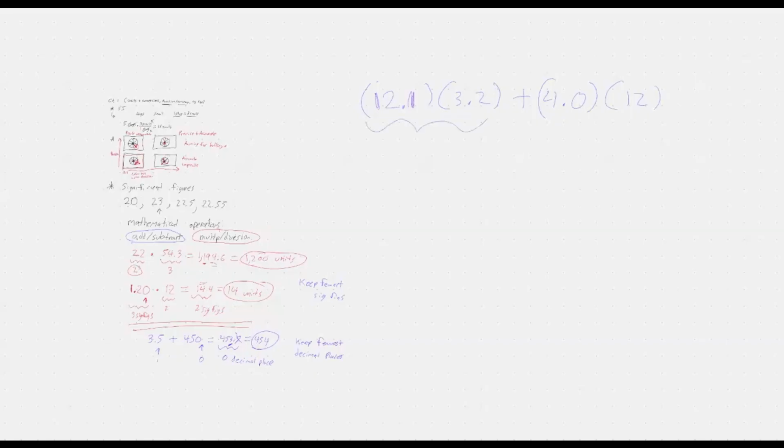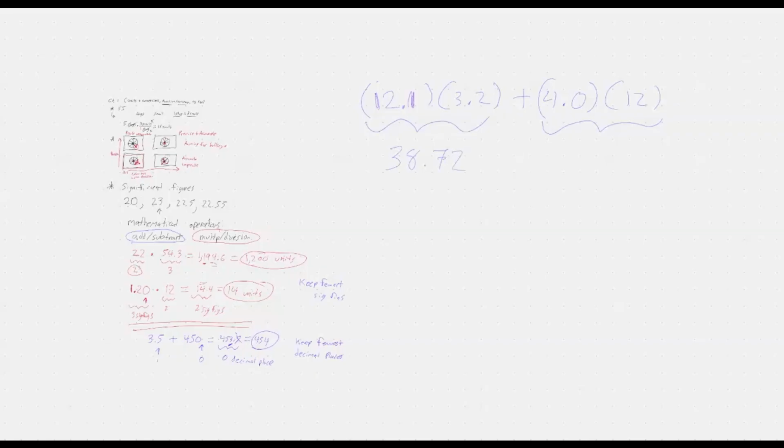All right, we can do that. 12.1 times 3.2 is 38.72. How many significant figures should we carry through that operation? Well, this one had 3, and this one had 2.